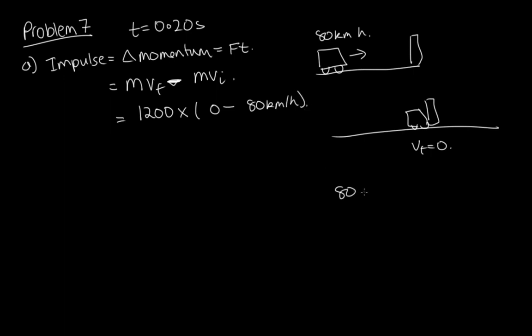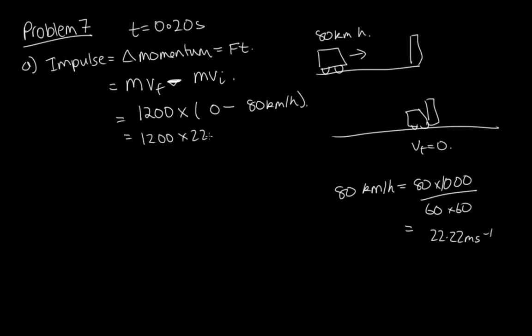So 80 kilometers per hour is equal to 80 times 1,000 over 60 times 60, which is equal to 22.22 meters per second. And so this is equal to 1,200 times 22.22 with a negative sign.